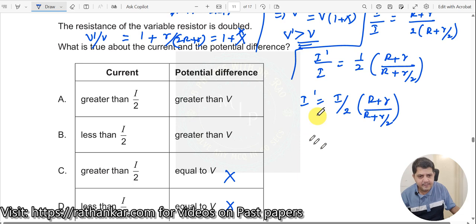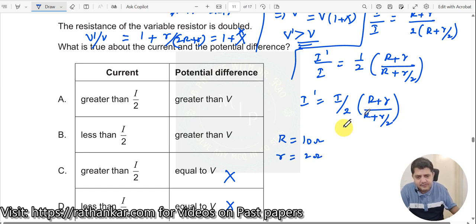Now note this. For any value of capital R and small r, what will this ratio be? This ratio will definitely be greater than 1. How do you claim that? Let us take some examples. Definitely the value of r would be less than capital R. That's guaranteed. So let us take some arbitrary values. Let us say R equals 10 ohms and small r equals 2 ohms.